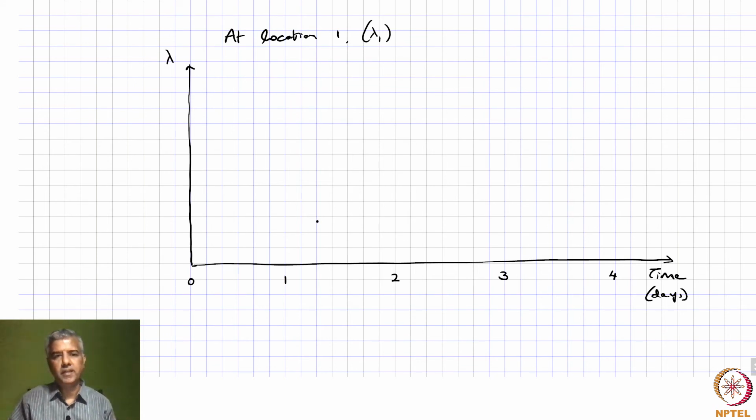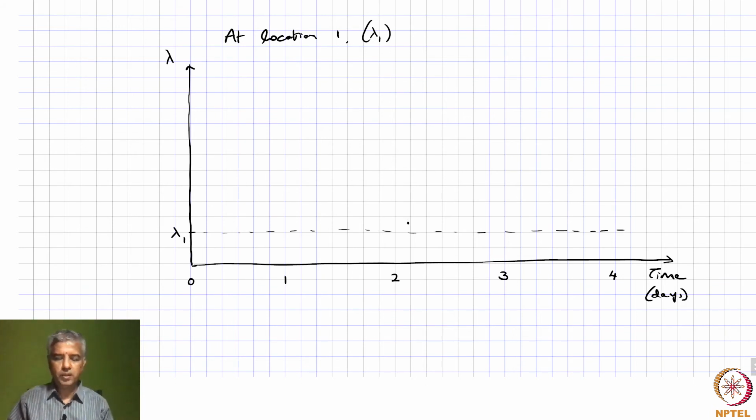So, let us say you have some way of measuring lambda. So, of course, lambda 1 at location 1 is going to be, at minimum ambient temperature on any particular day, actually at lambda 1.